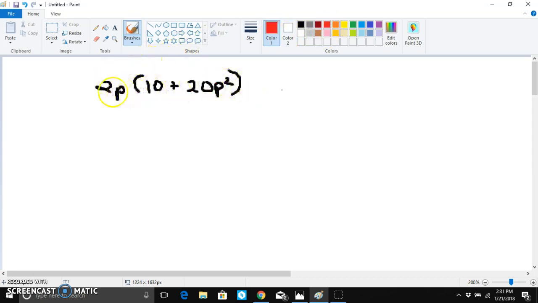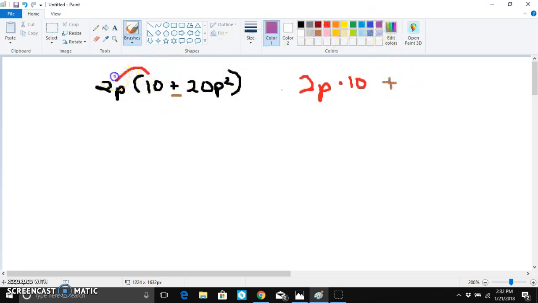This is an example of a distributive property. We can distribute the 2p with 10 and 20p squared since it's being multiplied. So this means 2p times 10. And then the next thing is the plus sign.